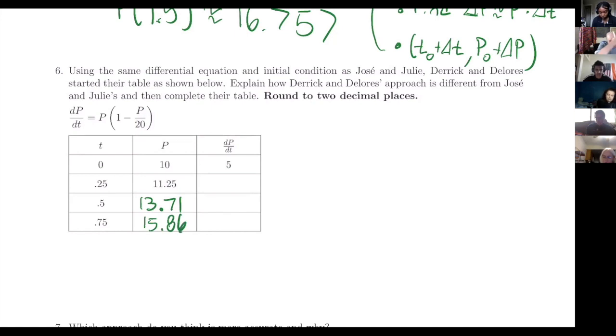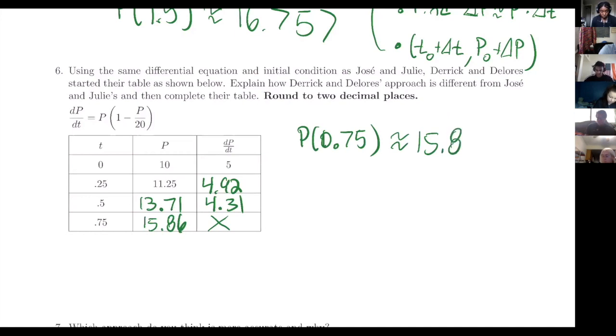And for the dP/dt column, I got 4.92, 4.31, and 3.28. That's right. If we wanted to go one more step, it really depends on what they are asking us to approximate. So in this case, if they were asking us to approximate the population at time 0.75, this would give us that approximation.